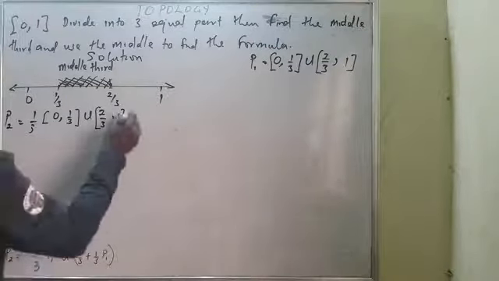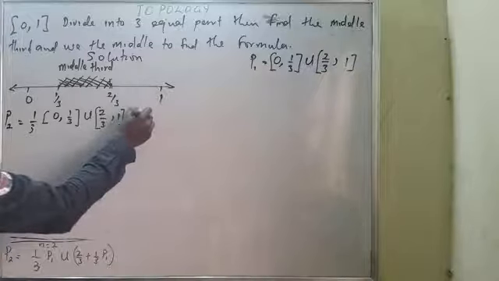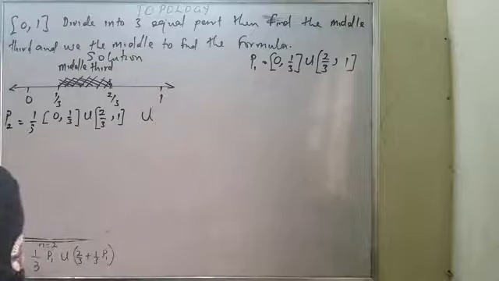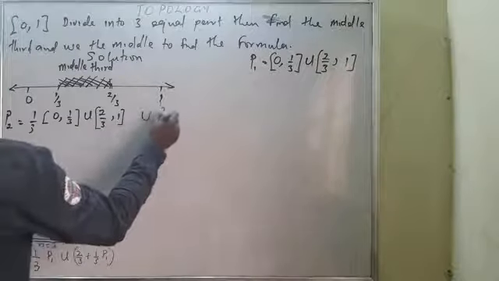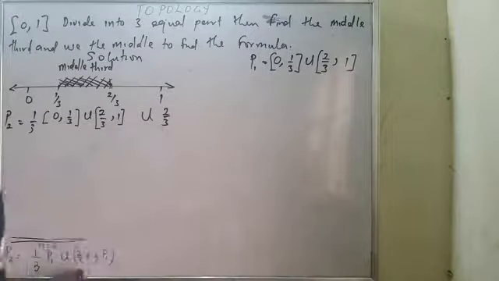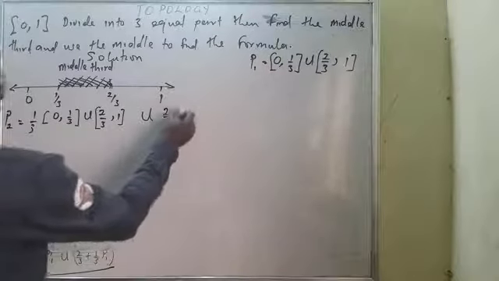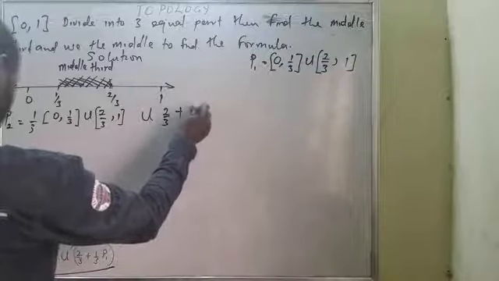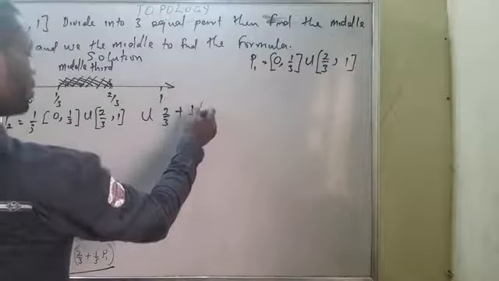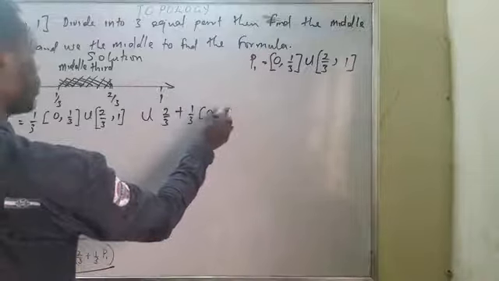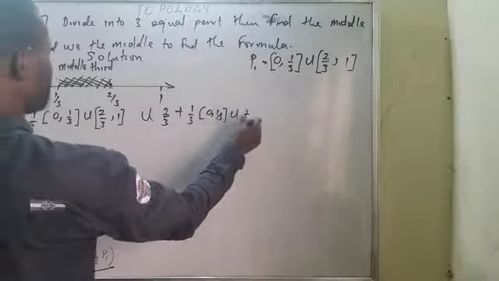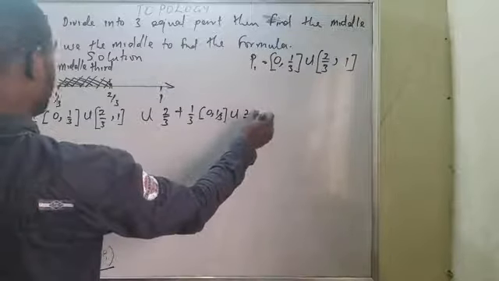Don't forget that this is 1, junior, 2 all over 3, plus 1 all over 3. I have 0, 1 all over 3, junior 2 all over 3, 1.